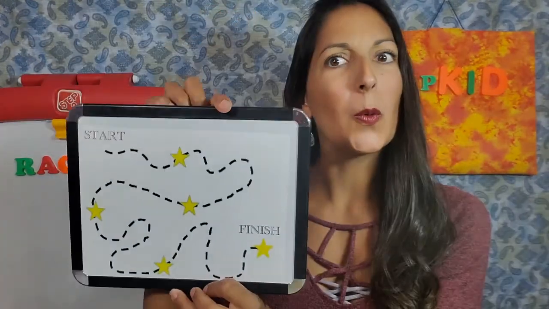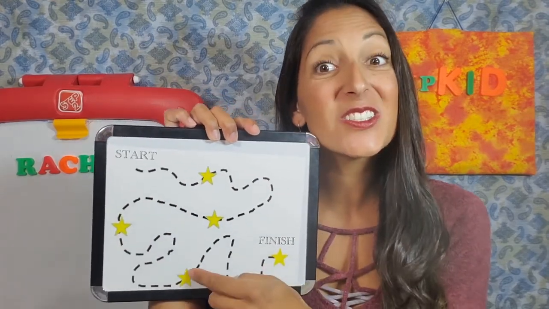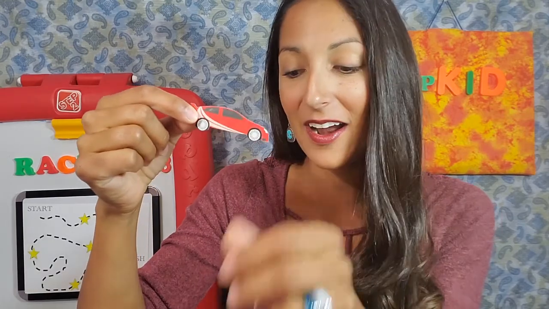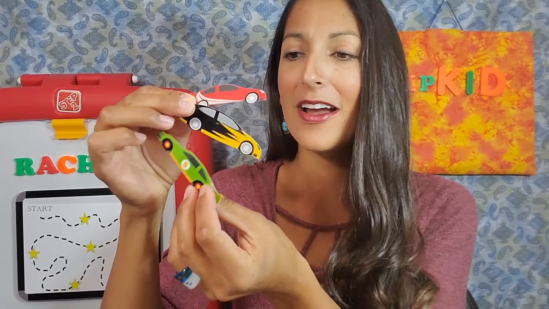Jan, if you do a good job, you get to race around the track and collect stars. Jan, what color do you like? Red car, yellow car, or green car.